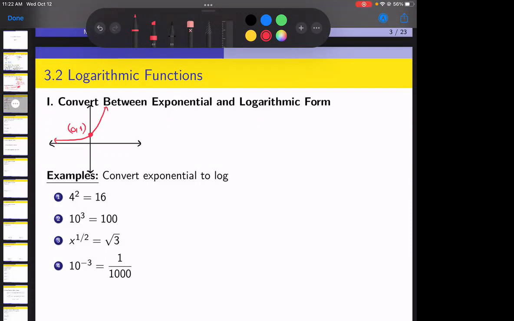Now my log graph is going to go through what? Instead of 0, 1, it's swap, remember it's swap. So it goes through 1, 0, and it looks like this.